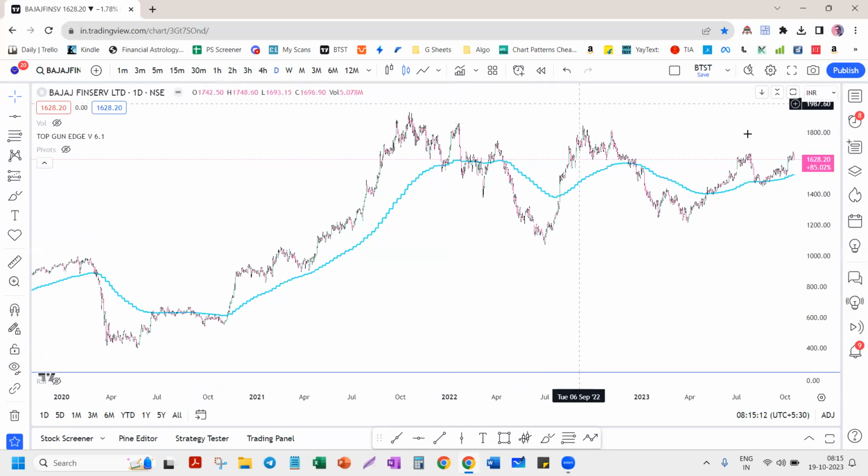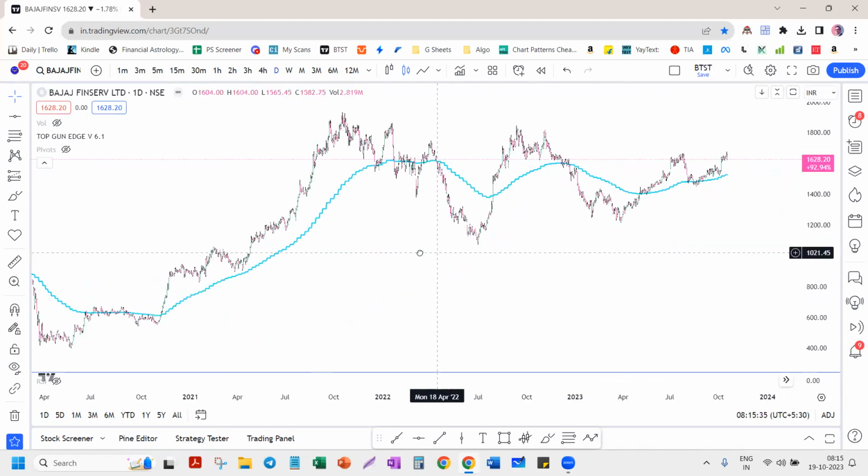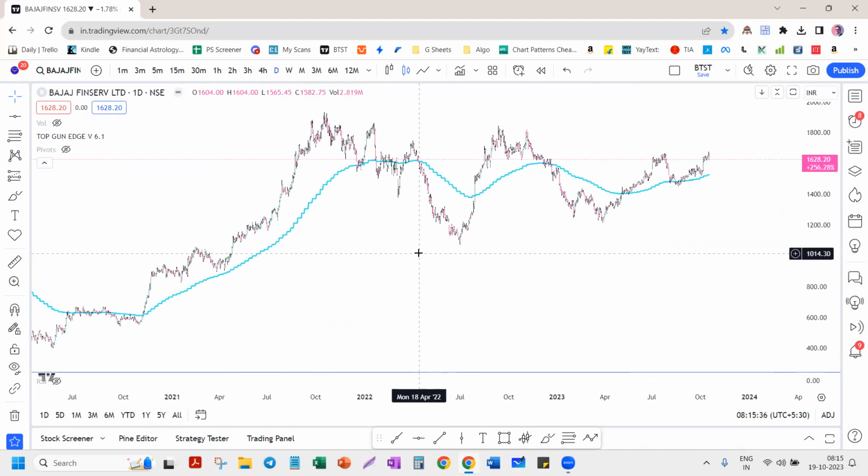Whenever it is crossing, it's good. Okay, a few problems were here. But apart from that, this share respects the day RSI very well. So you need to have a good share which respects the day RSI. I think Bajaj Finance and Bajaj Finserv are enough for you to do this kind of trade. So if you have two or three shares, that's enough. You can just trade again and again in that.